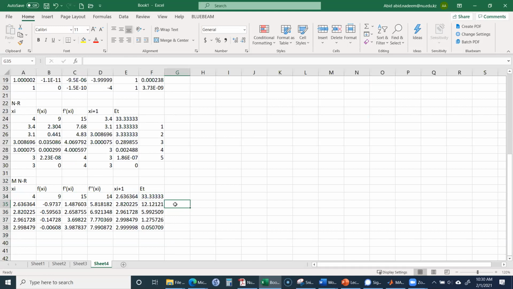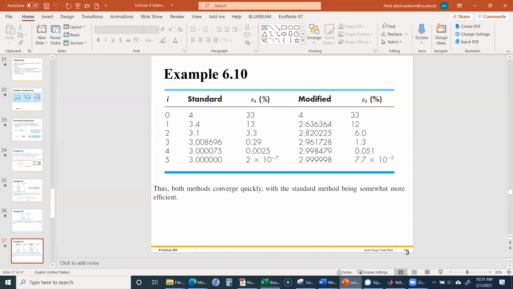So this was 1, 2, 3, 4, 5, the 5th iteration. So we get 2.99998, and then the error is 7.73 into 10 to the power minus 5. The same values which we obtained, 7.7 into 10 to the power minus 5.